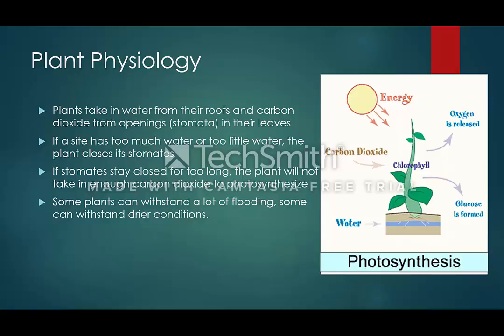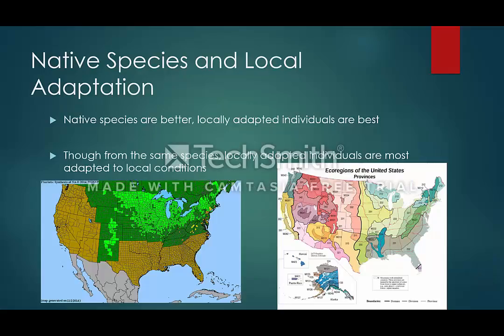If they stay closed for too long, the plant doesn't have enough energy to maintain its own metabolism and growth and repair, and that plant will die. Some plants can withstand a lot of flooding, some can withstand very little. Understanding these physiological mechanisms is important to knowing where a plant is appropriate within your particular wetland.